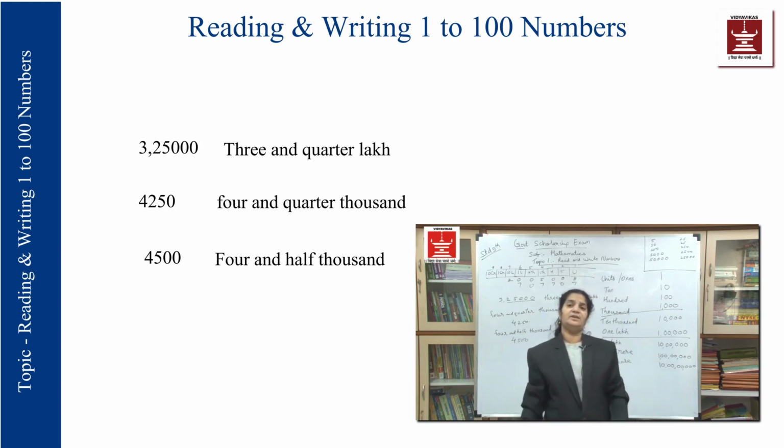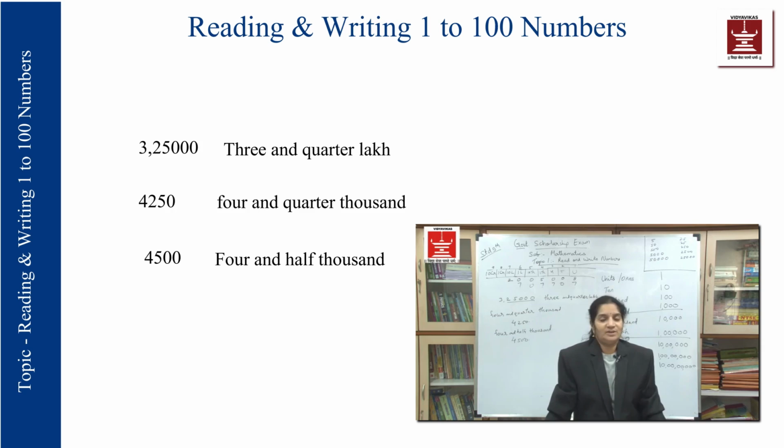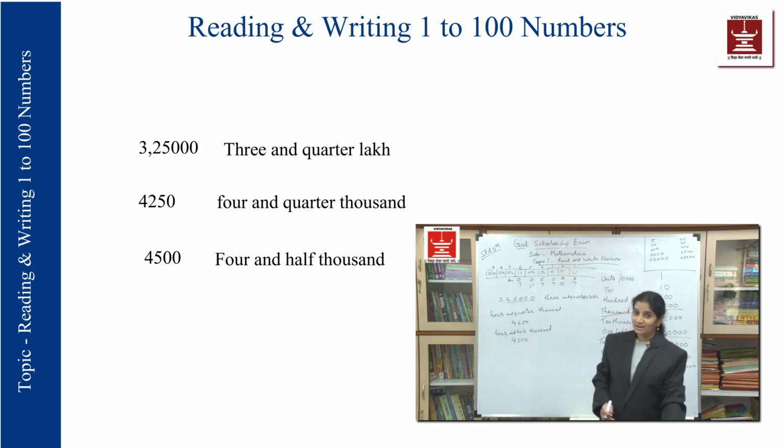Instead, we say 4.5 thousand of the population is infected, or 3.5 million population is recovered, or the population of the particular city is 2.5 lakhs. Now when I say 2.5 lakhs, what do I mean by that? Half of lakh is 50,000. So 2,50,000. This is what I mean when I am saying it in that way.